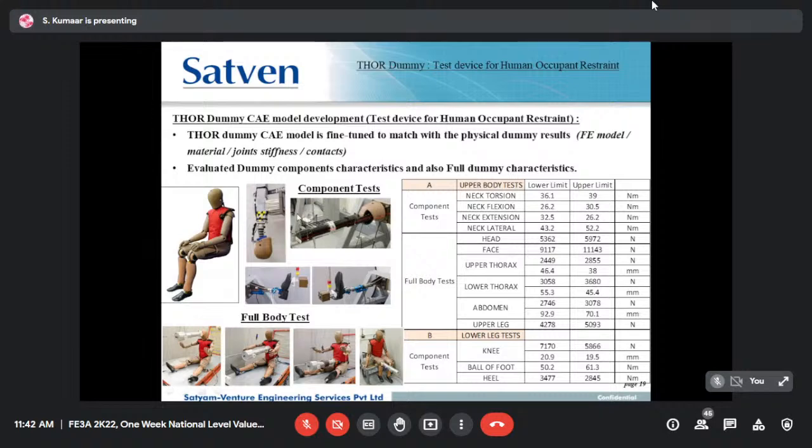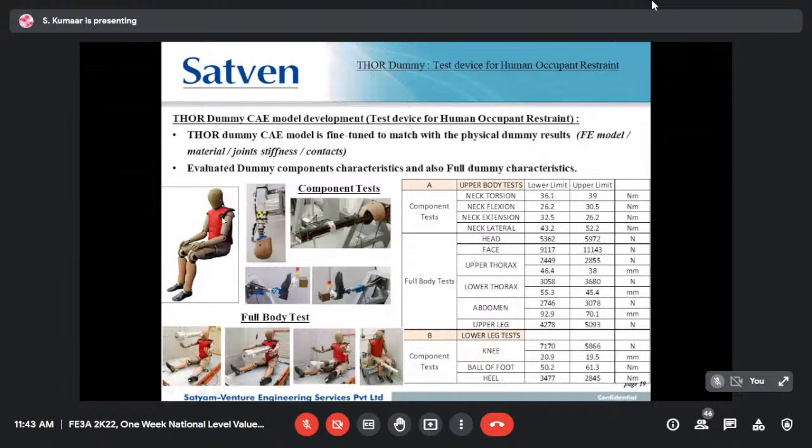For example, if I am going for a component test, this is for the neck. The neck comes under the upper body test. We need to perform neck torsion, neck flexion, neck extension, and neck lateral. So for these 4 cases, we need to perform the FEA simulation. But these tests were already performed as physical tests, and we have the response of the physical test.